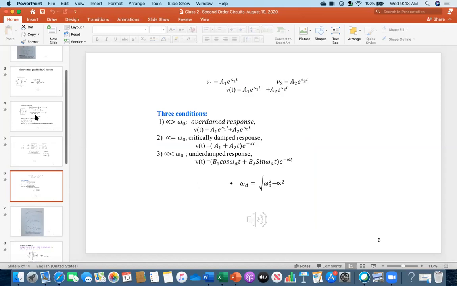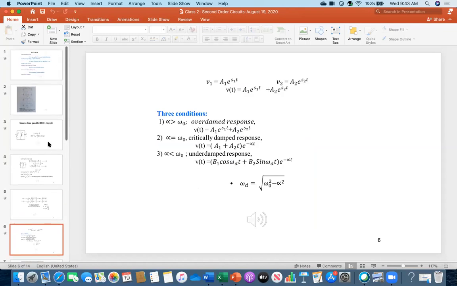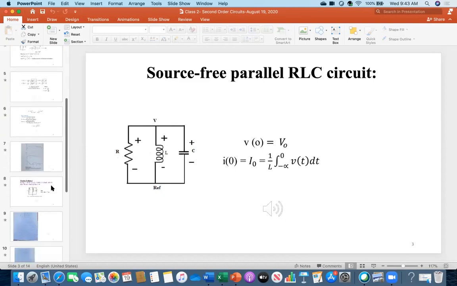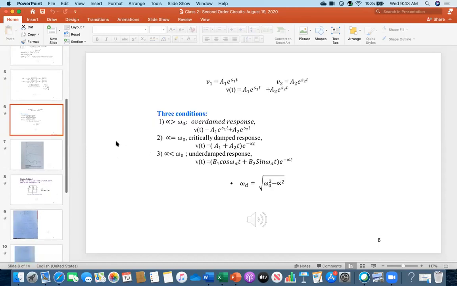Once again, this was our circuit, and it was a source-free parallel RC circuit. My goal is to find out what the value of the voltage expression should be and what its nature is. So what conclusion did I make? I concluded that depending on the values of S1 and S2, there can be three situations.